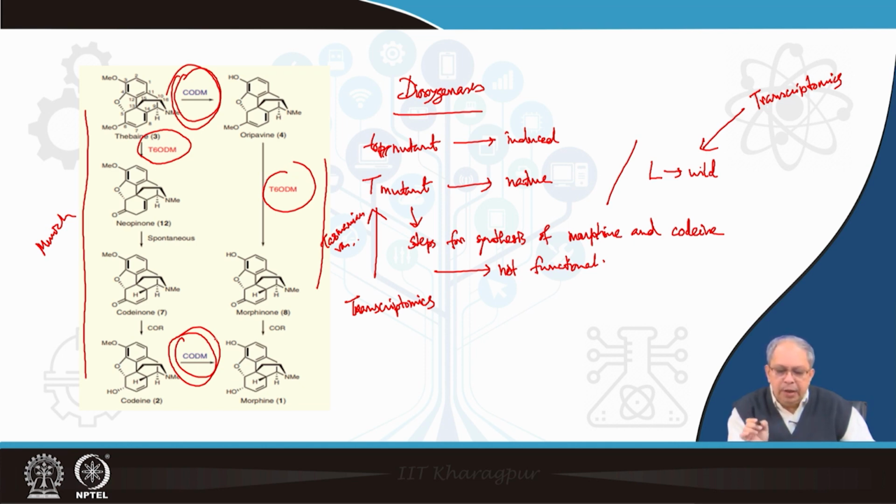So, where lies the difference between the top1 mutant and the T mutant is this. The T mutant is found in nature, and that was used for fishing out the genes for T6ODM and CODM, whereas top1 is the induced mutant, where they predicted that this step was defective, but they did not characterize that.